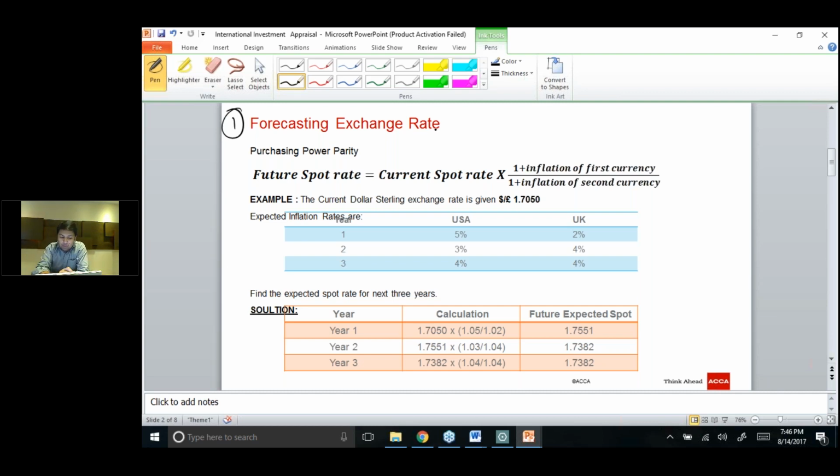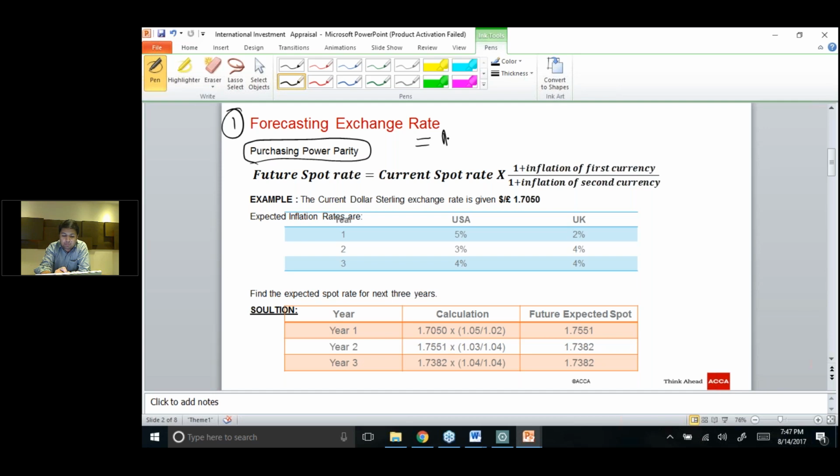So how are you going to calculate future spot rates? You can calculate using the purchasing power parity formula, that is equal to current spot rate into 1 plus inflation of first currency divided by 1 plus inflation of second currency. What do I mean by first and second currency? Let's learn it with the help of an example.